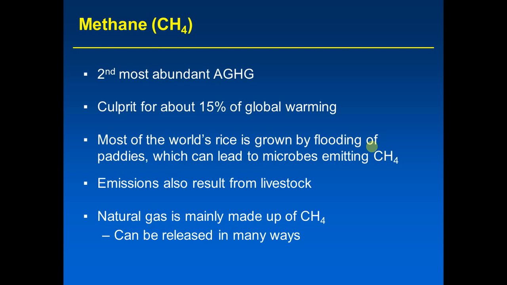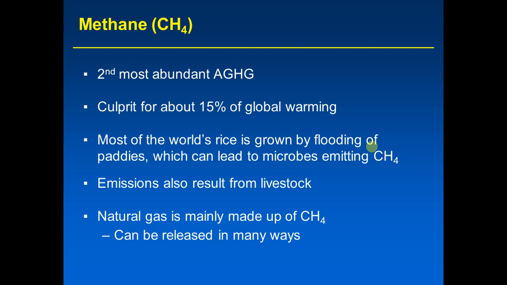Natural gas is mainly made up of methane. So think about it, if the natural gas leaks, well, methane also is released, because natural gas is mostly methane, about 70-90%. When natural gas is stored, methane can be released, and finally, when natural gas is transported via pipeline, methane can be released, okay? And then, of course, when you burn the natural gas in a power plant to generate electricity, that can release methane to the atmosphere.